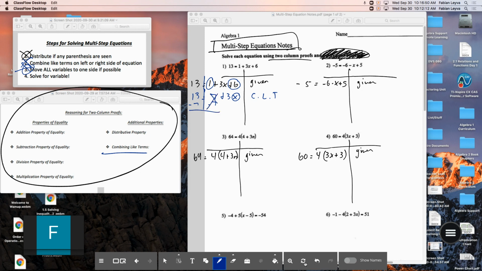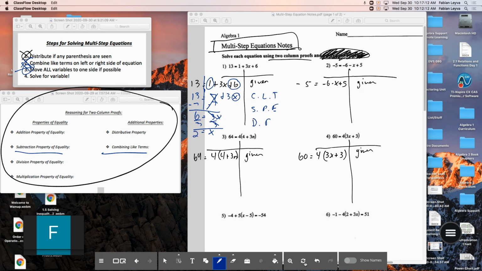These cancel out. I'm going to be left with a positive 6 is equal to 3x. What I used there was the subtraction property of equality because I subtracted 7 on both sides. Now I'm going to divide by 3 on both sides. These 3s cancel out. I'm left with an x by itself. 6 divided by 3 is a positive 2.